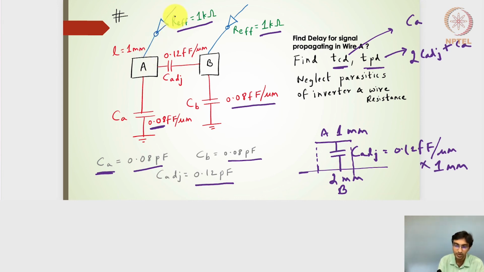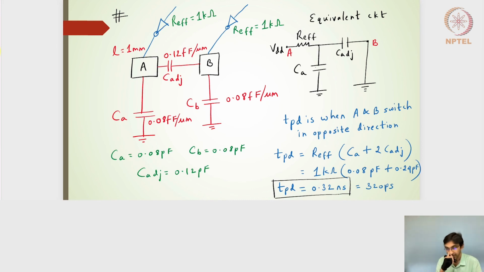So if I consider one of the driver circuits driving this particular interconnect, how much time will it take for the signal to go from one end of the wire to the other, with this adjacent capacitance and with the CA capacitance, its own wire capacitance? TPD is when A and B are switching in opposite directions.